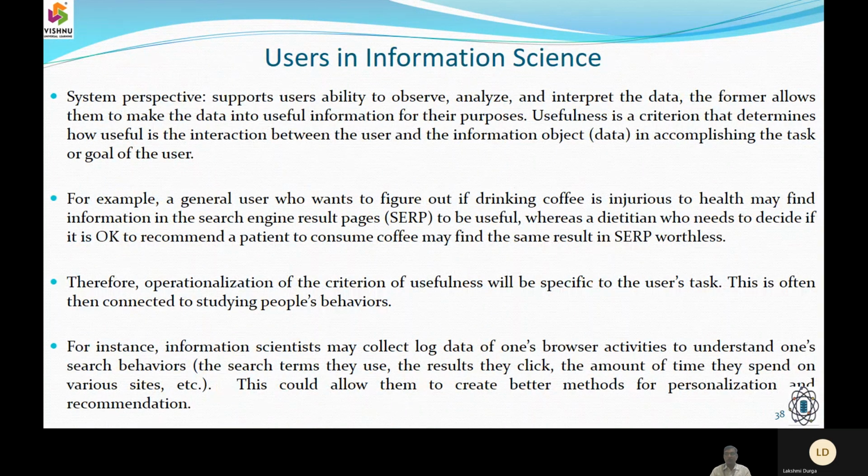The next one is regarding the users of the information. According to the perspective, we have the user ability, where they observe the data and analyze the data so that they get some useful information.